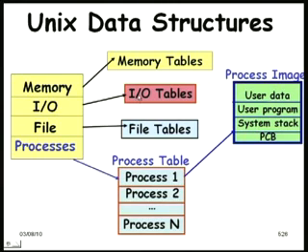IO tables: which IOs are being used, who is using them, etc. The file tables: which files are open, what is the current access block of the file, etc. For every process, tables are maintained. For example, we have the process images that are maintained, the user data, user program, the system stack that is used, and the process control block.